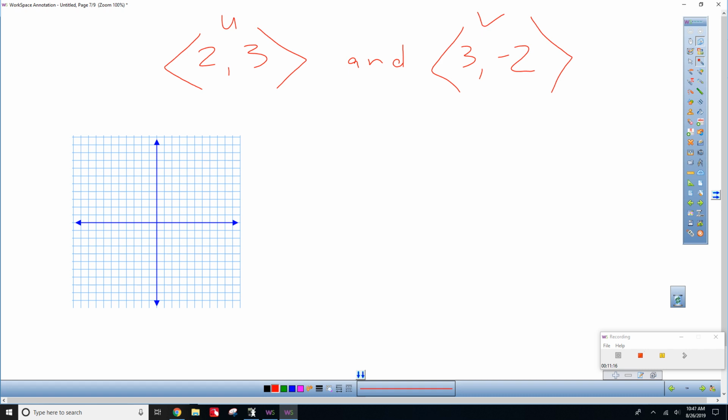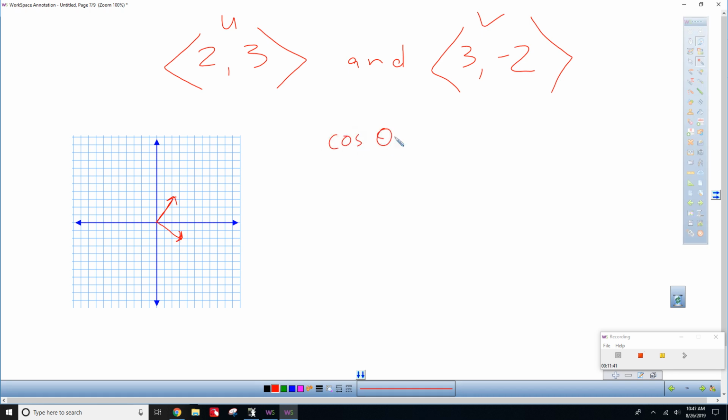All right, over 2 up 3. Okay, and the other one would be over 3 and down 2. Let's see, it doesn't look like those have a lot in common. Let's find the angle between them.